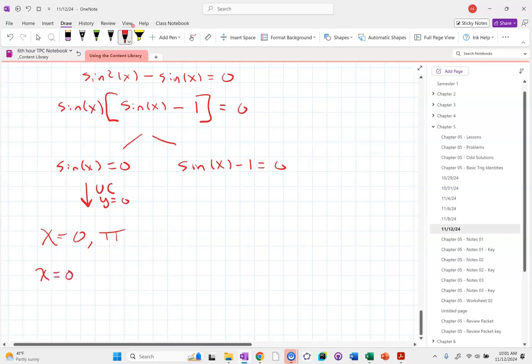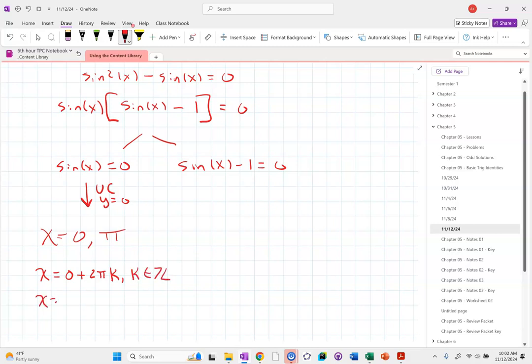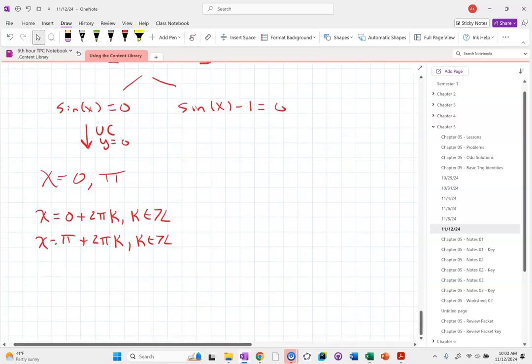So if I translate those to my infinite solution version, I'm just going to slap that 2 pi k on them.